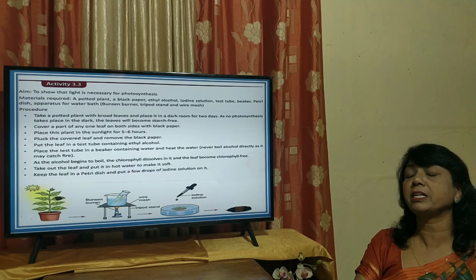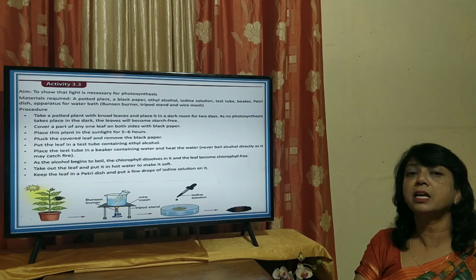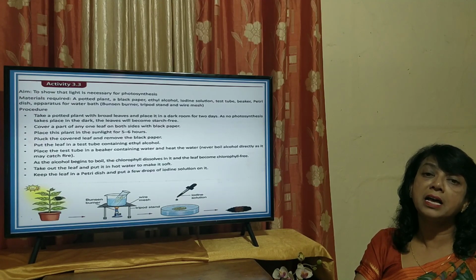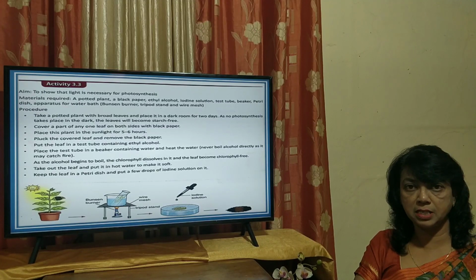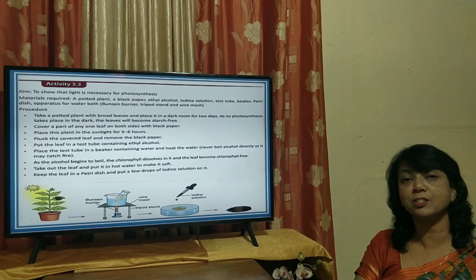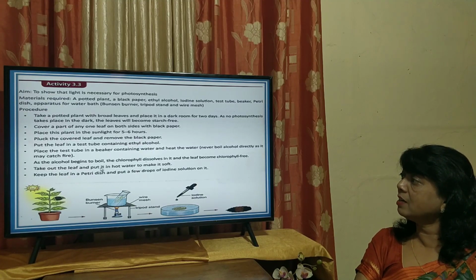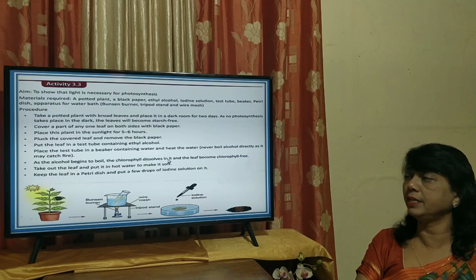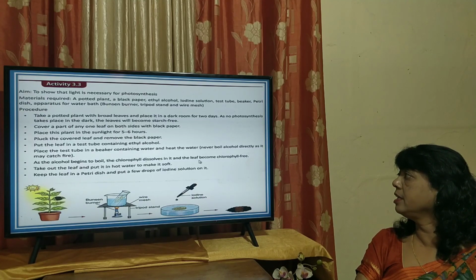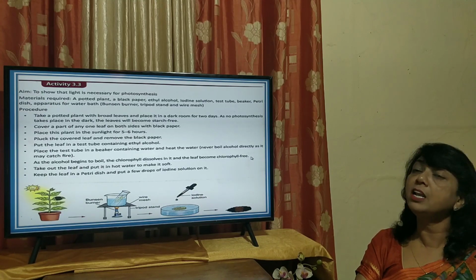We all know, you might have studied in chemistry, that alcohol has a volatile property. That means it catches fire easily. As the alcohol begins to boil, the chlorophyll dissolves in it and the leaf becomes chlorophyll free.